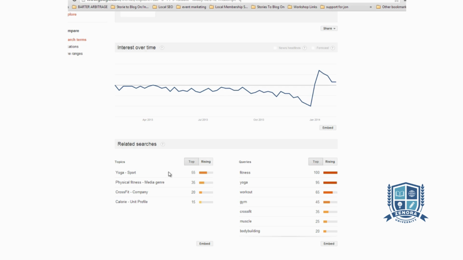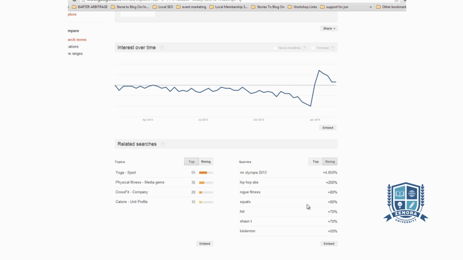Now, as you can see here, there are a couple of areas that you can look at. One area that I like to look at inside of Google Trends are the rising searches. Now, why is that important? Because rising searches are rising in popularity, and often you can find a niche inside of the rising searches that will not exist in any of the other tools.